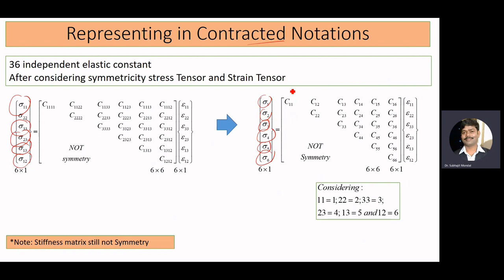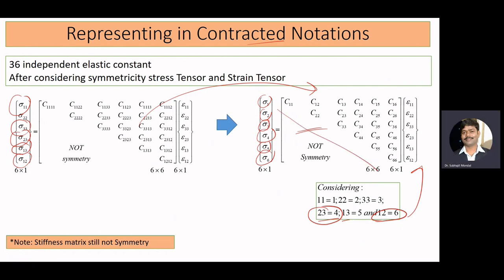In the same way, we can also write the stiffness matrix in this form. Similarly, we can write the strain components also.